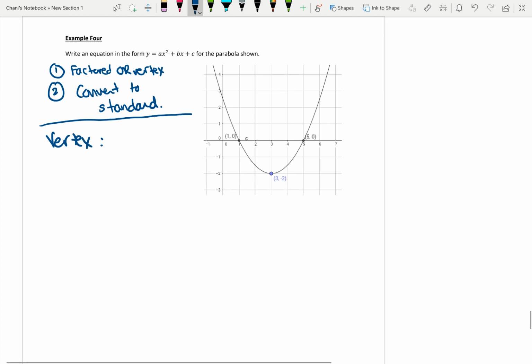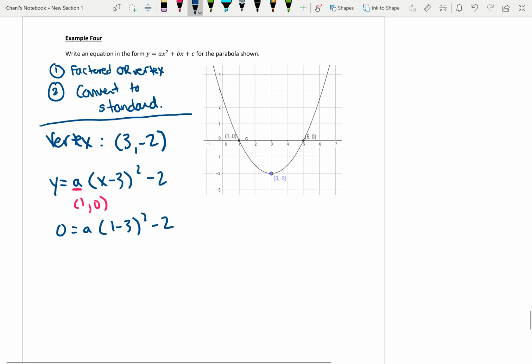So the vertex is (3, -2). I set up my equation: y equals a(x minus 3) all squared minus 2. I'm going to sub in another point, (1, 0), to solve for a. So 0 equals a(1 minus 3) all squared minus 2.